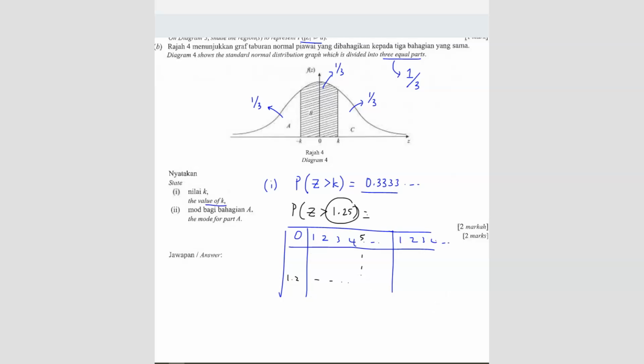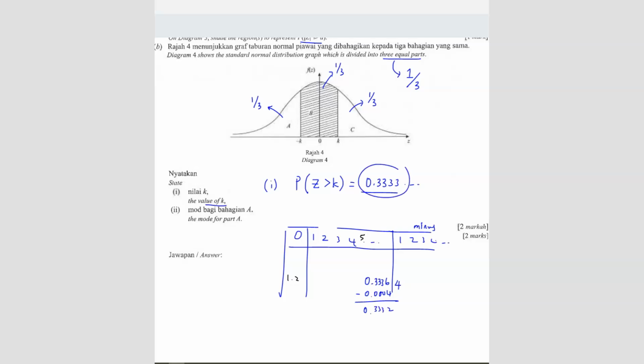So how do you do that? Let me erase all this. Now you want to find where 0.333 is. Looking at the table, the closest I can get is 0.3336, and then you have to minus 4, because this side here is minus. 4 means 0.0004. When you minus, you get 0.3332.